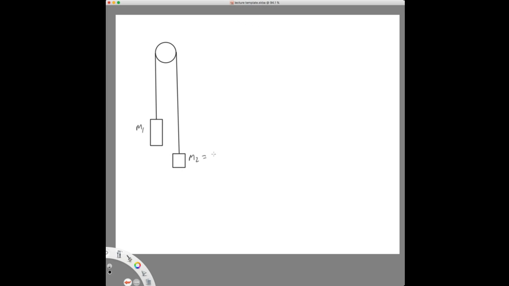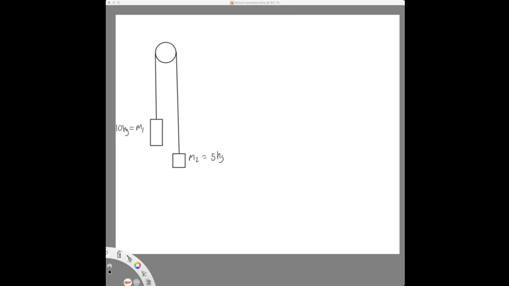And maybe the M2 is 5 kilograms and the M1 is 10 kilograms. Doesn't really matter what those numbers are, but when I see that the one on the left is heavier than the one on the right, more massive, then I kind of know which way things are going to go. And so that's a little bit helpful initially.